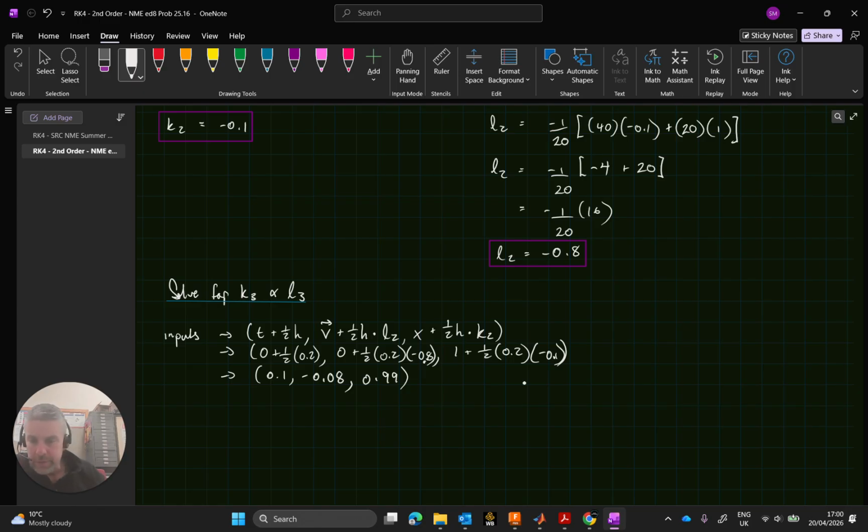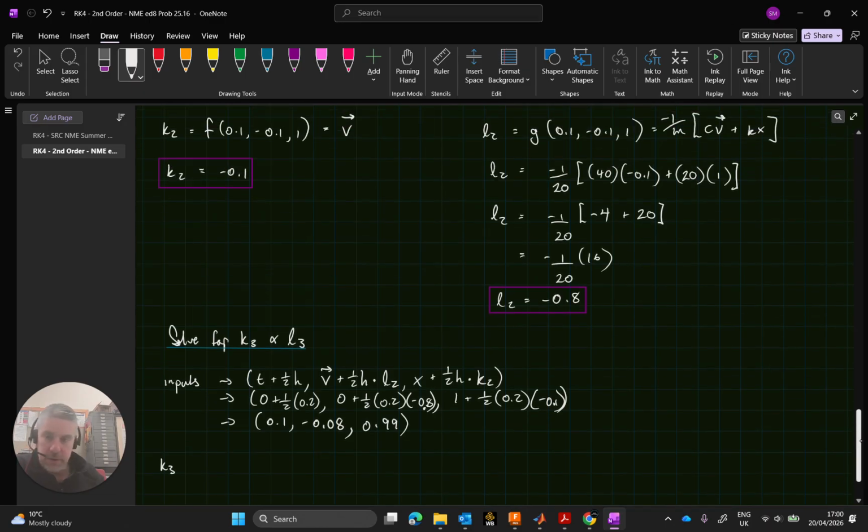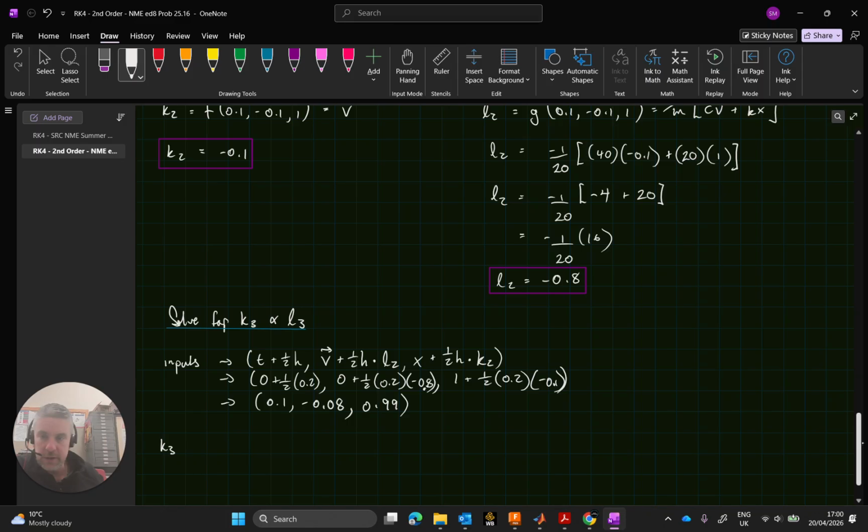So our K3 value, just to keep the same nomenclature, I wrote it in as being my function value at these inputs, 0.1, minus 0.08, 0.99. That is equal to v. Right?